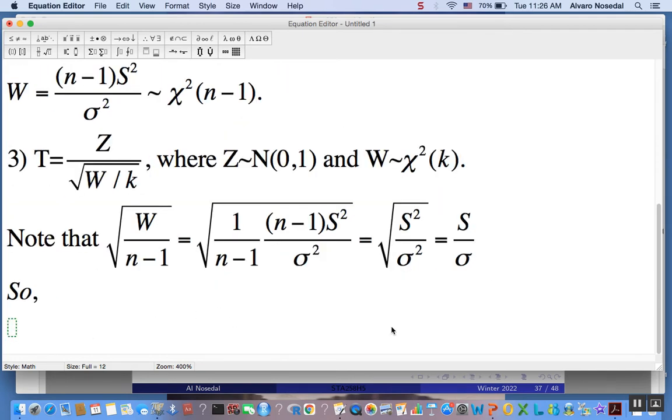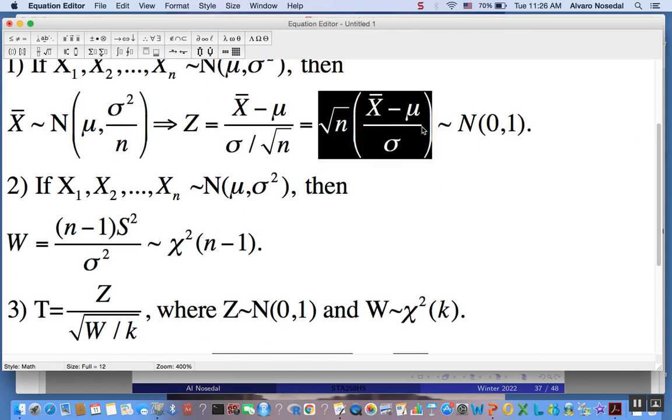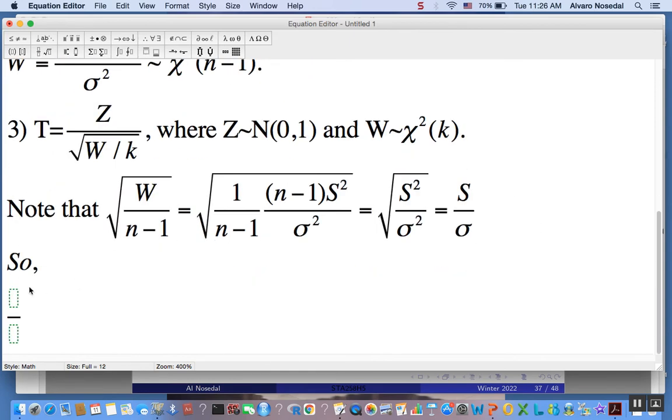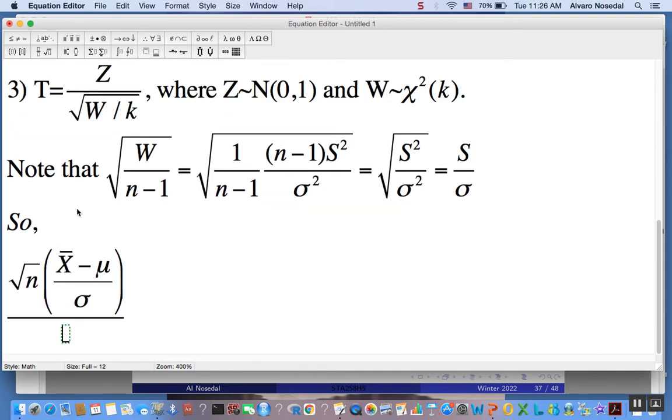So let's do this one. That's our normal 0, 1 divided by the square root of chi squared divided by its own degrees of freedom, which is this.